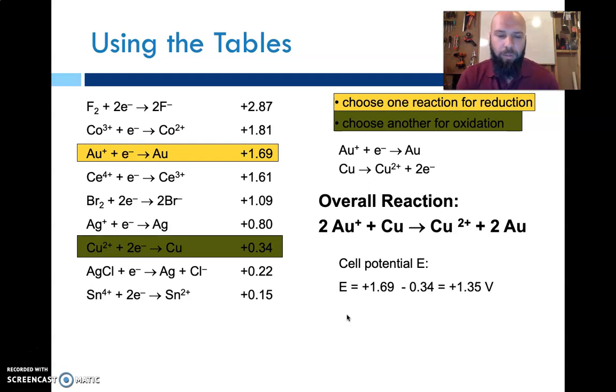That 0.34 is the reduction potential at the anode. You do not change the sign here because this is given as the reduction, and we use the equation where it was reduction at cathode minus reduction at anode. This means the overall cell potential for this reaction is positive 1.35 volts.